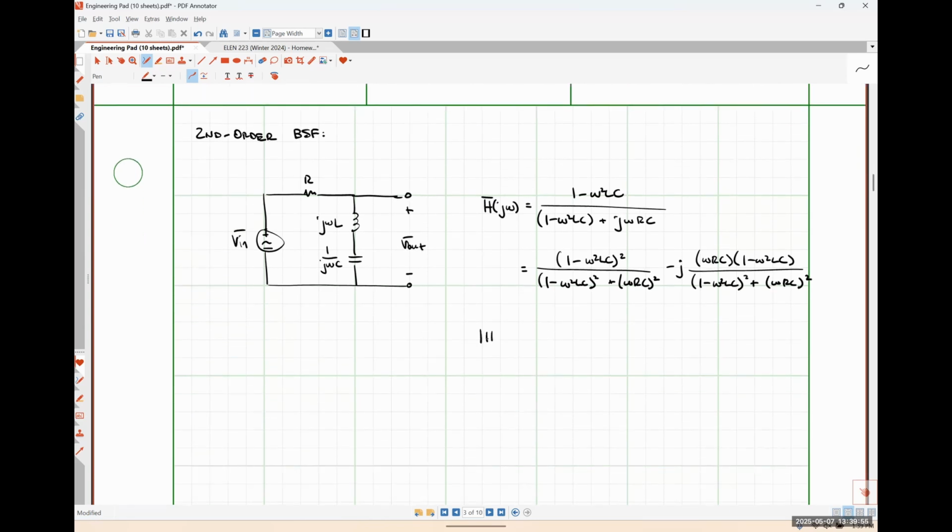Our magnitude response |H(j omega)| is (1 minus omega squared LC) divided by the square root of (1 minus omega squared LC) squared plus (omega RC) squared.